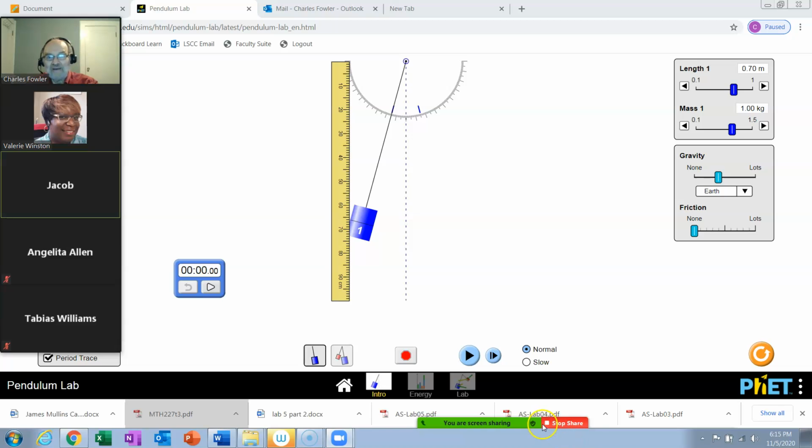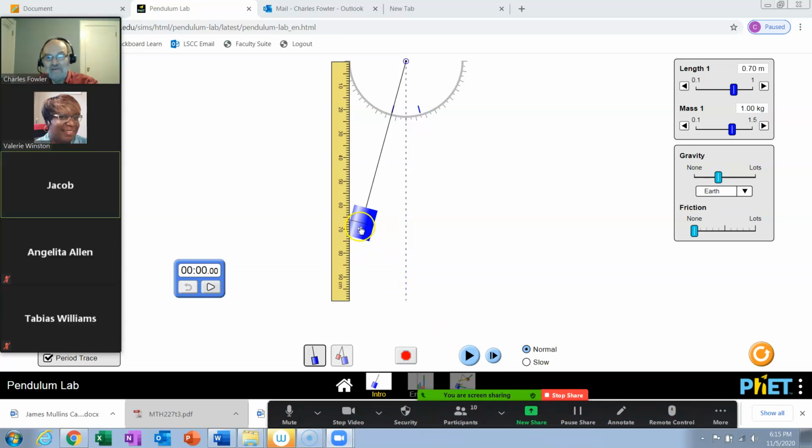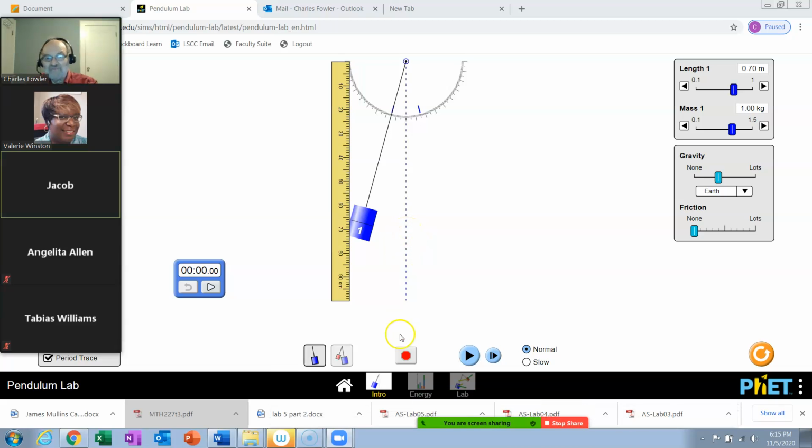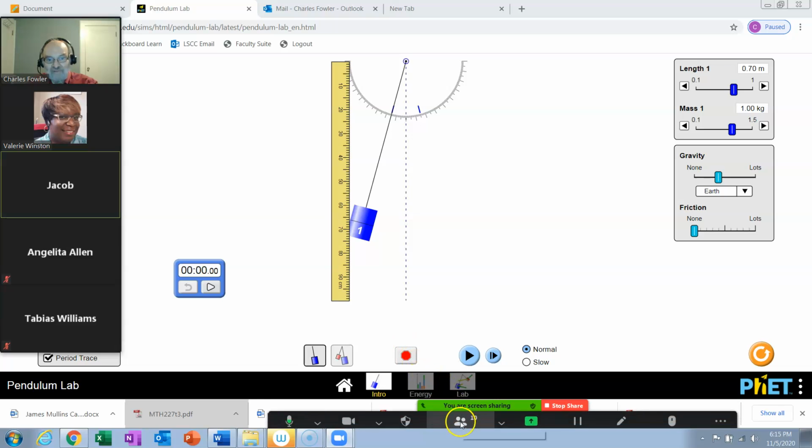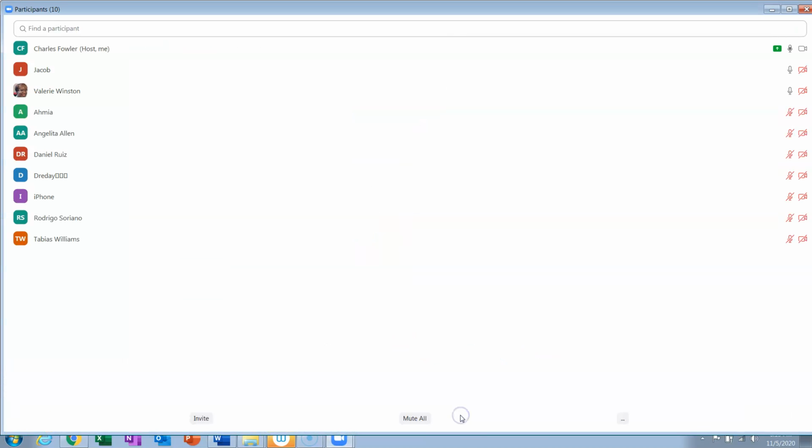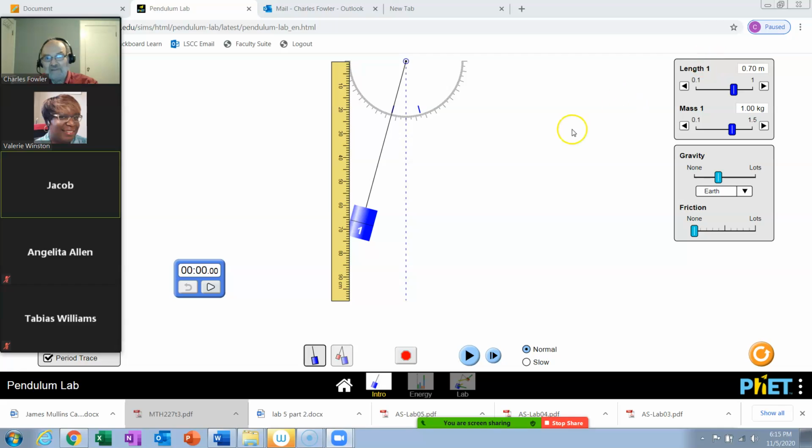Okay. Now, remember what the bottom was? The bottom was as low as it could go. That's the 0 reference level. At the bottom here, when this is down here at 0.7, the pendulum is at 0 potential energy.